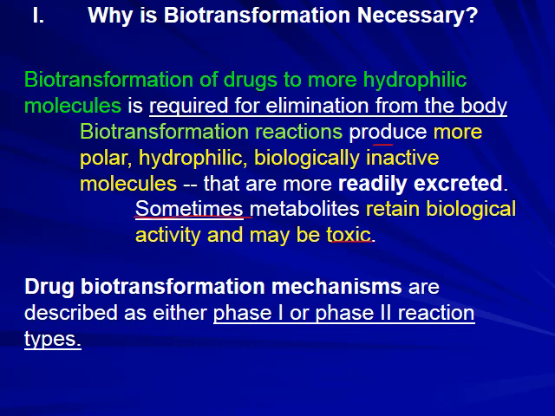So let's list them. We have member 1A2, 2B1, 2C9, 2C19, 2D6, 3A4, 3A5, and then down here at the bottom, 2E1.